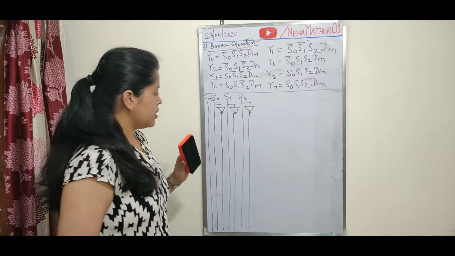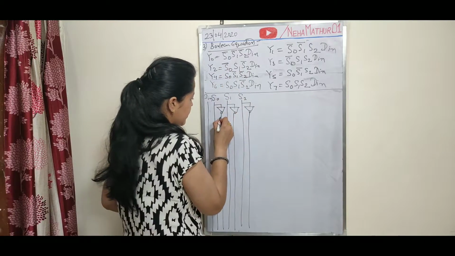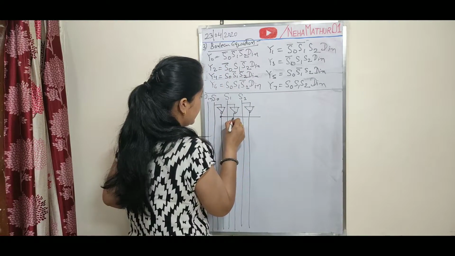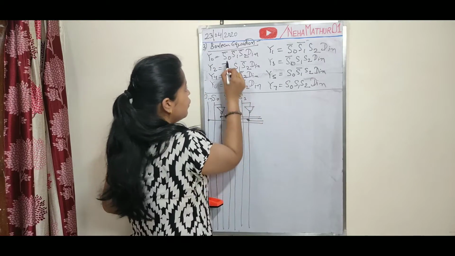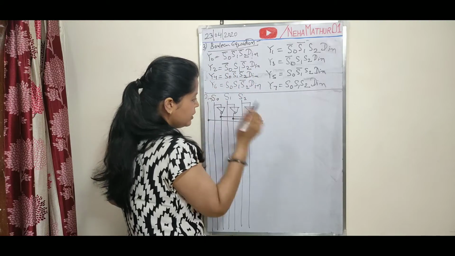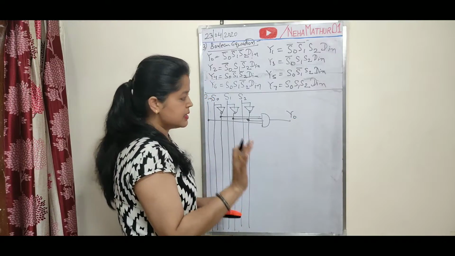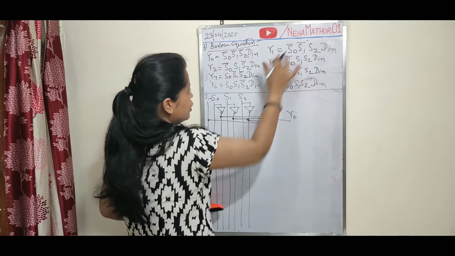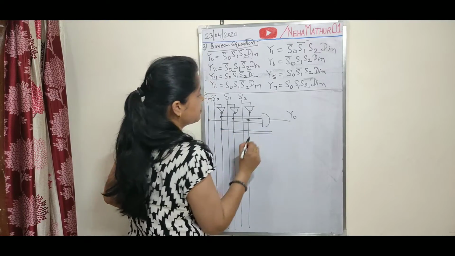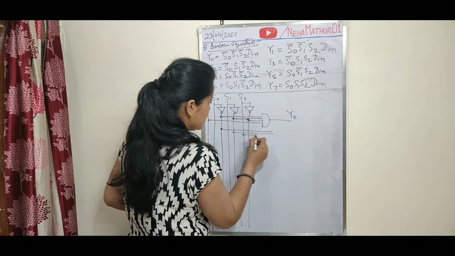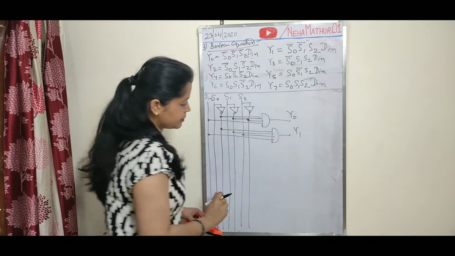Now start from the first equation, in which you have S0 bar, S1 bar and S2 bar multiplied by D in. 4 variables, and for their multiplication I am taking an AND gate, and its output will be y0. Similarly for y1 it is S0 bar, S1 also in its complement form, S2 used directly, multiplied by D in, so it will be y1.